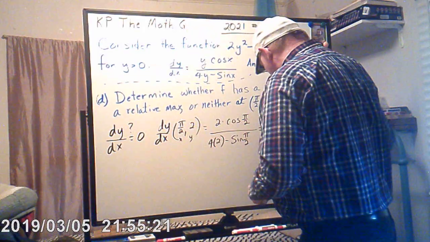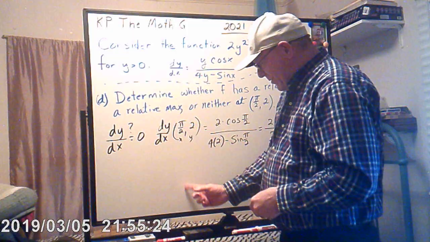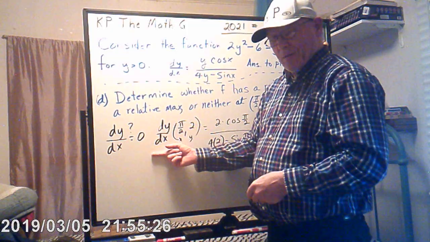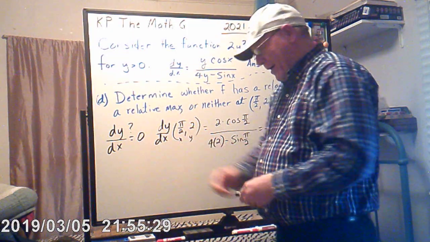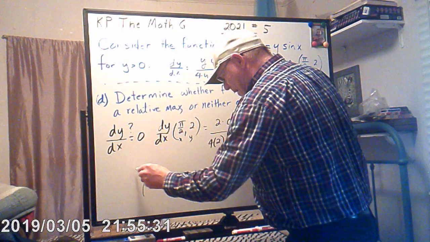Slope is 0 here, or it's going to turn this way, it's going to be concave down, which means you're going to have a maximum, which we just pointed out a while ago.